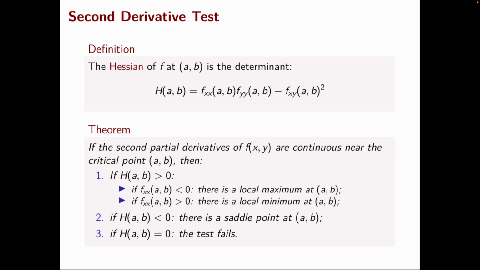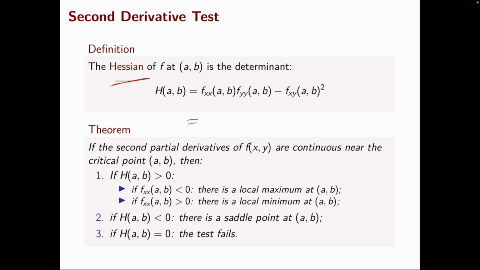So the second derivative test is going to help us decide what these critical points actually are, which we can calculate just by the definition of a critical point. But first, we define what is the Hessian of a function, which is the determinant calculated in this way.